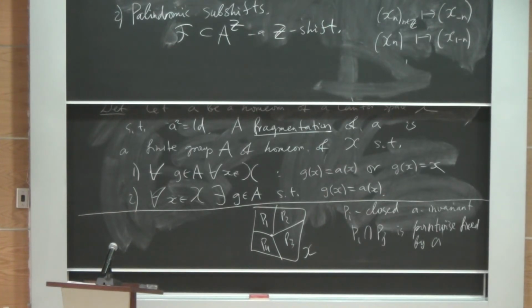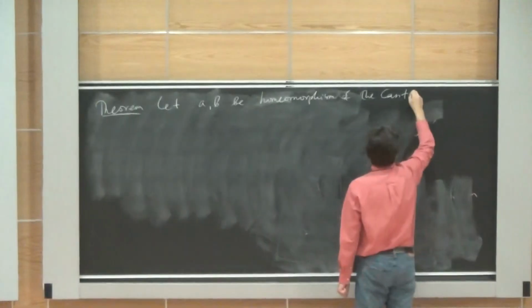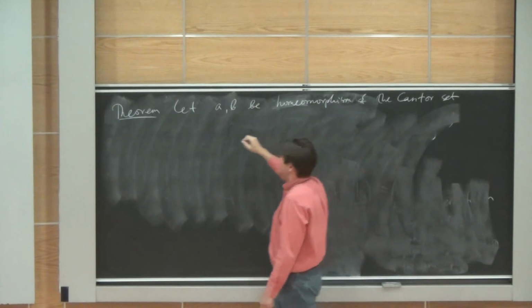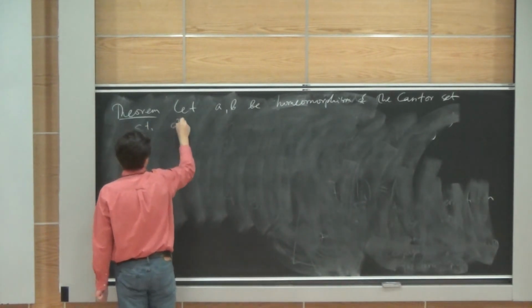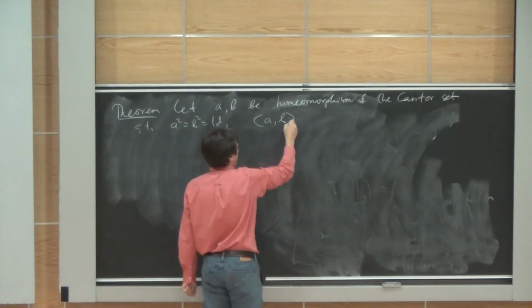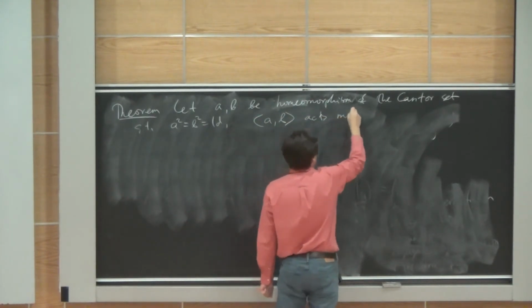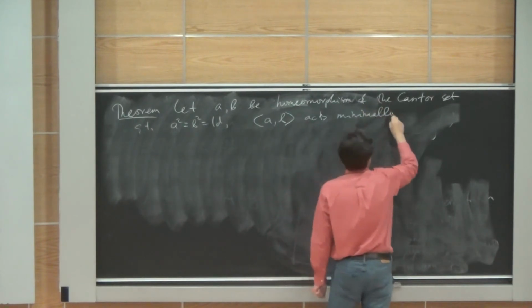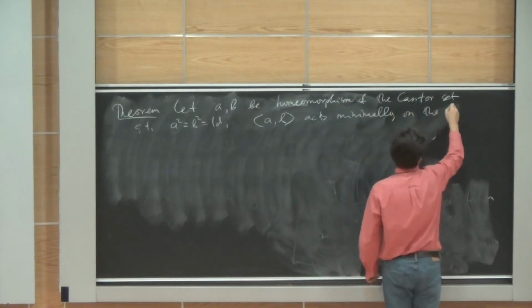Theorem. Let A and B be involutions, so homeomorphisms of a Cantor set X, such that A squared and B squared is identity, and the group generated by A and B acts minimally on the Cantor set.